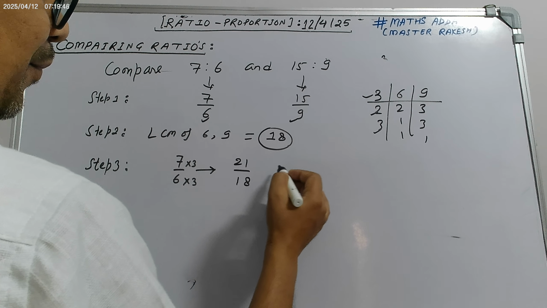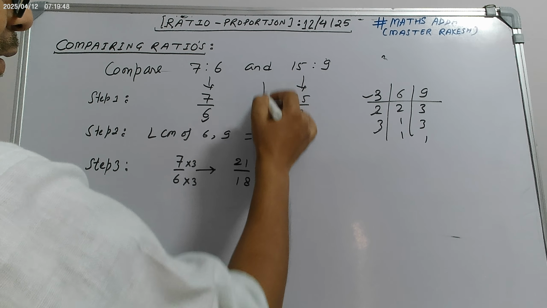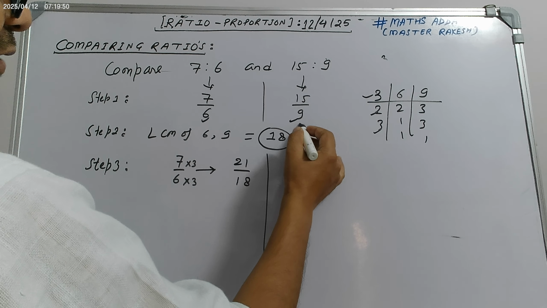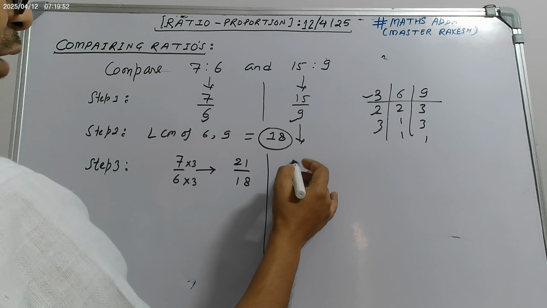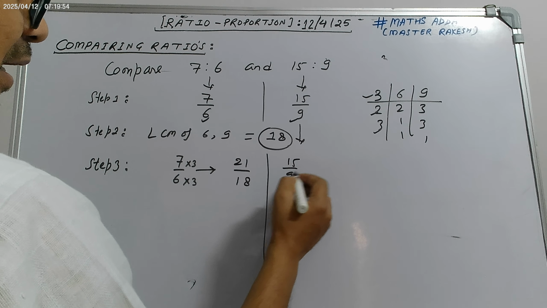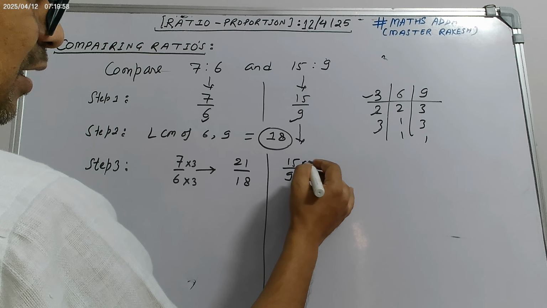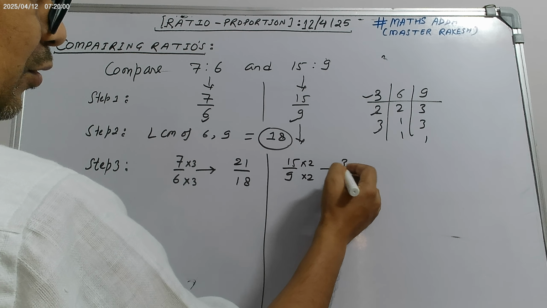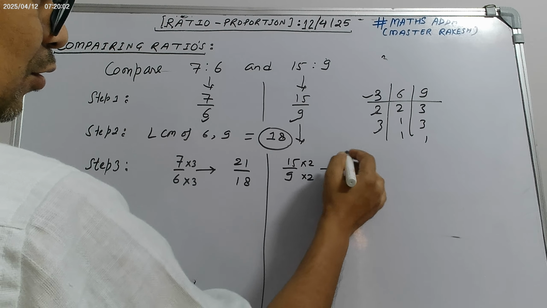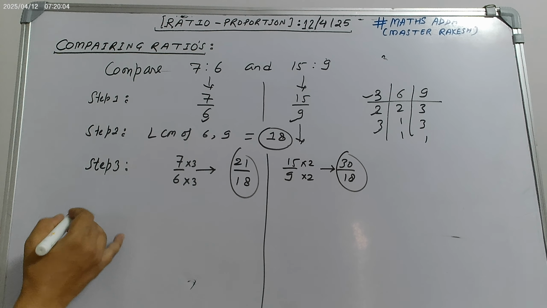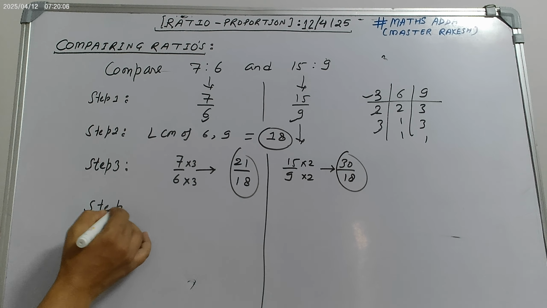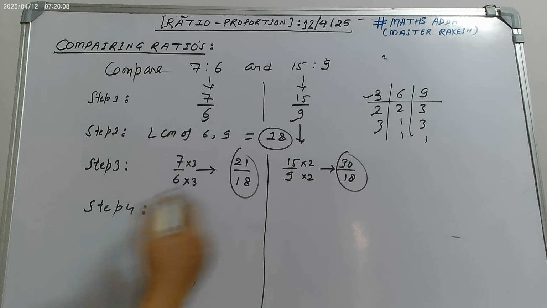Same way, 15/9 को 18 बनाना है तो 2 से multiply, तो 30/18. Now step 4, compare.